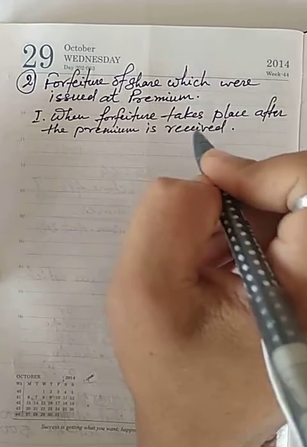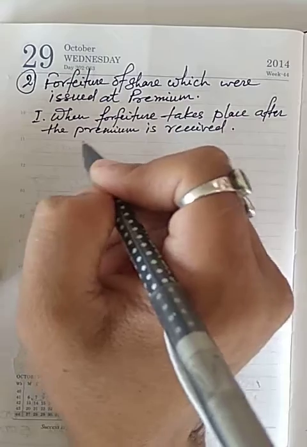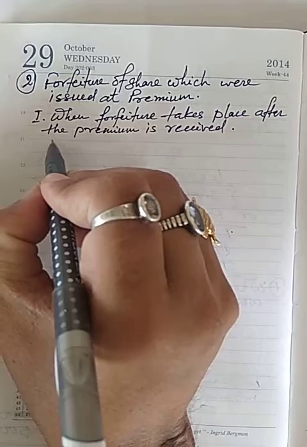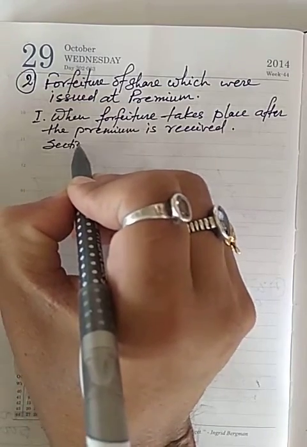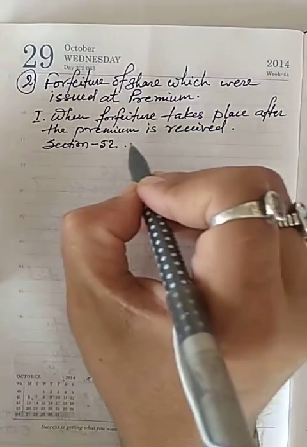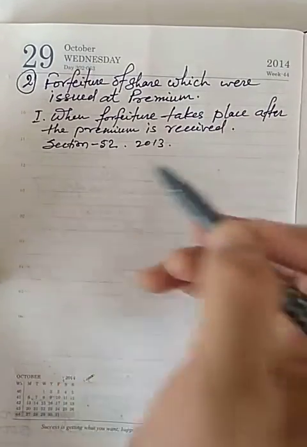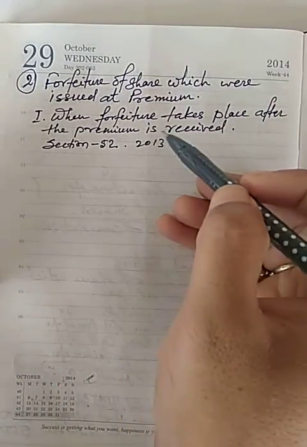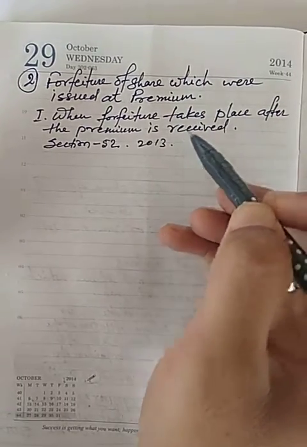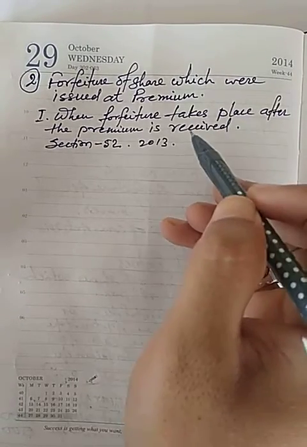When forfeiture takes place after the premium is received. According to section 52 of the Companies Act 2013, if premium has been fully collected, it cannot be cancelled, even if that share is forfeited later on.